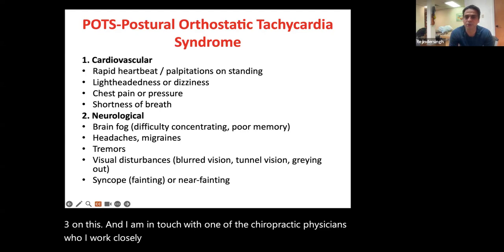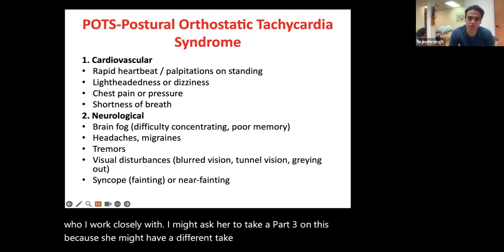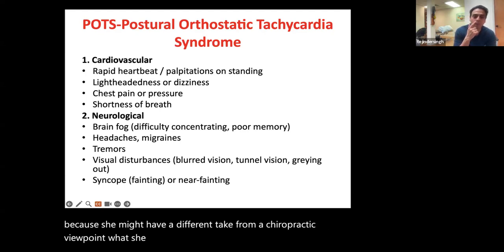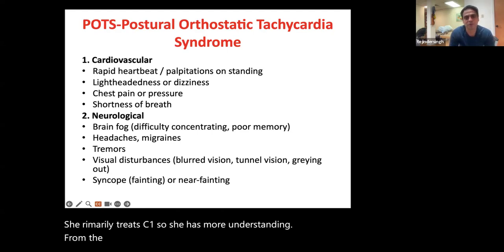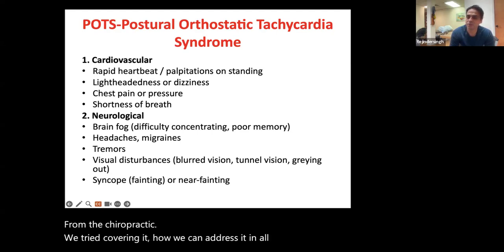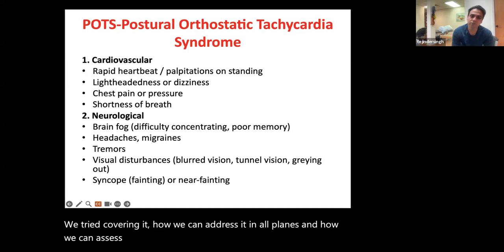I might ask her to take a part 3 on this, because she might have a different take from a chiropractic viewpoint on C1. She primarily treats C1, so she has more understanding from the chiropractic viewpoint. But we tried covering how we can address it in all planes, and how we can assess it in all planes. We did spend a lot of time testing C1 in the last class.